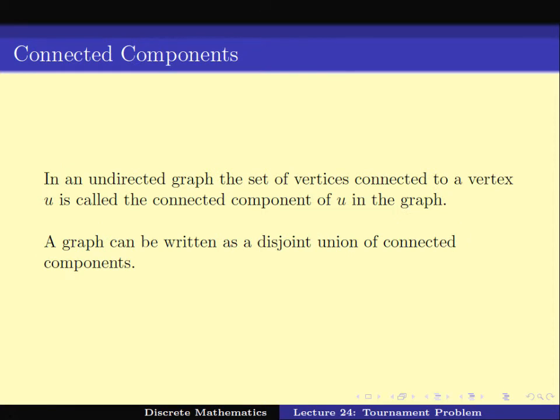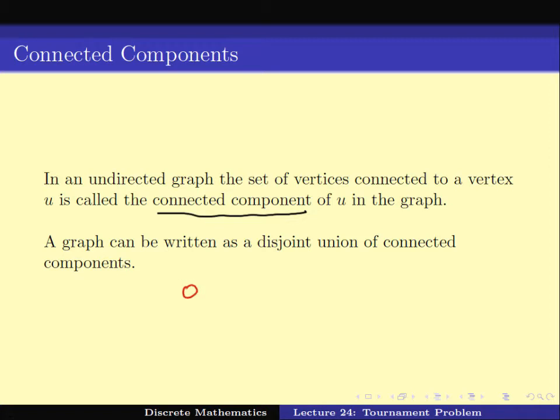So moving on, once you have equivalence relations, it isn't hard to prove from the definitions or from the properties of equivalence relations that the whole graph will be split into equivalence classes. We call them the connected components. So a connected component of a graph is a component where any two vertices are connected. And the graph can be written as a disjoint union of connected components.